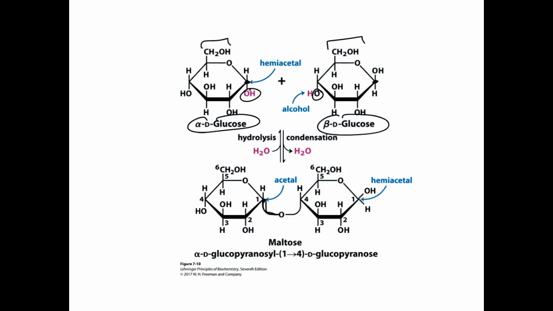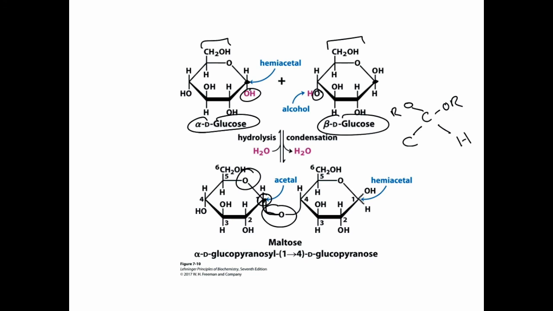As a result, we now have an acetal because this carbon has two OR groups attached to it. So this would be an OR group, and this would be an OR group. So it's no longer a hemiacetal.